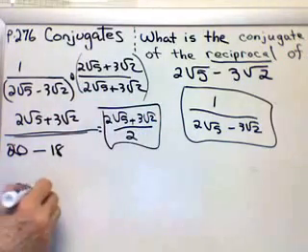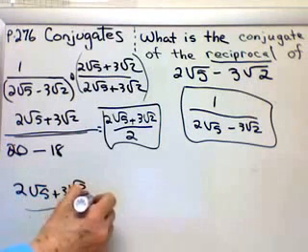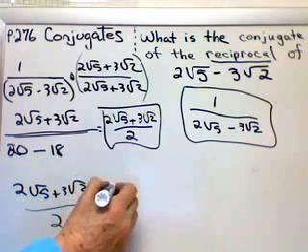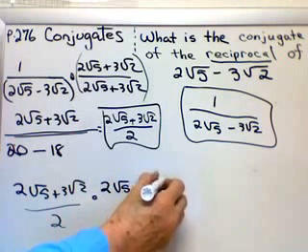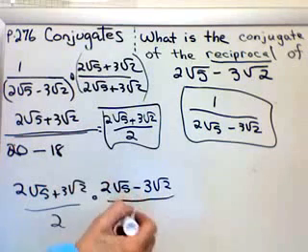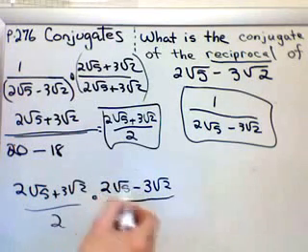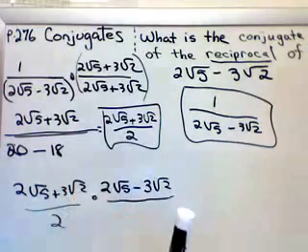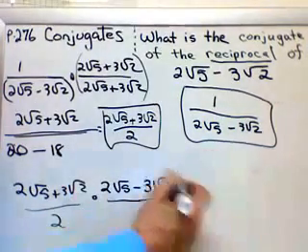Well, 2 root 5 plus 3 root 2 over 2, I could multiply it by 2 root 5 minus 3 root 2, correct? Over, that's all I need. If I multiply it out, let's see what happens.